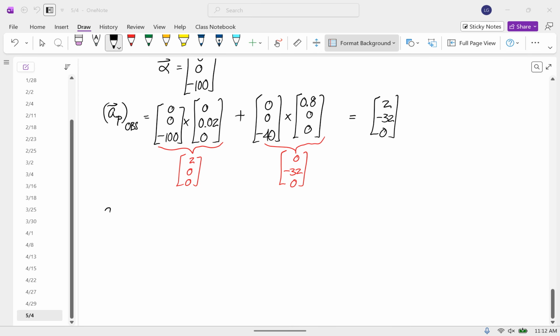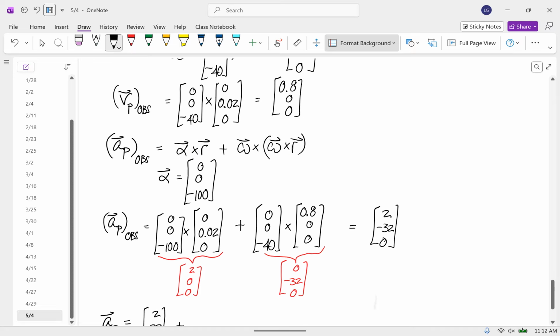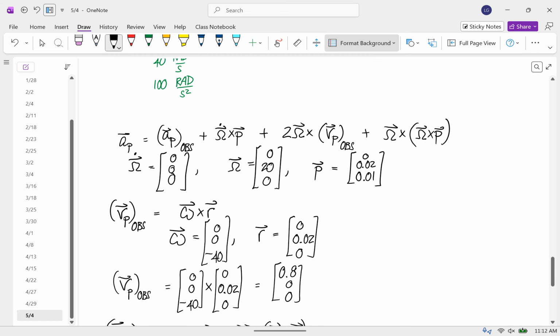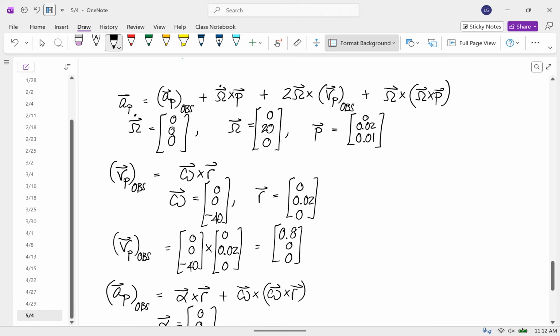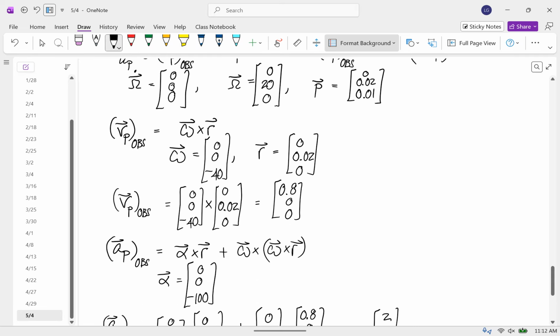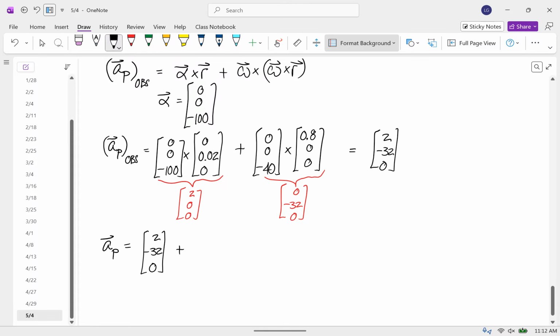And now finally we can put all these pieces together. So the acceleration of p is equal to 2, negative 32, 0, plus capital omega dot cross p. Our capital omega dot is 0. So this thing goes away.